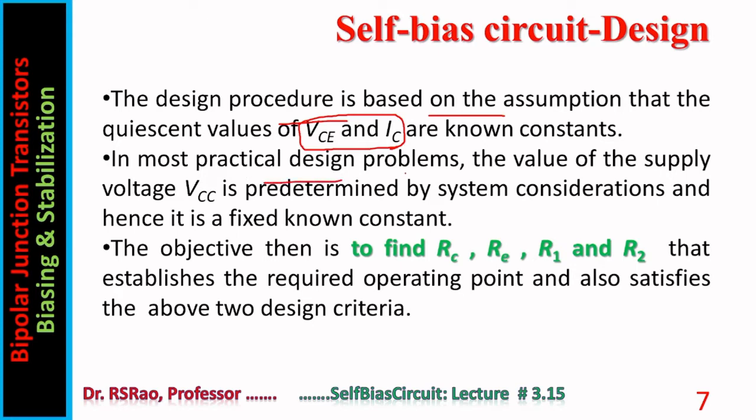In most practical design problems, the value of the supply voltage VCC is predetermined by system considerations, and hence it is a fixed known constant. The objective then is to find RC, RE, R1 and R2 that establish the required operating point and also satisfy the above two design criteria.